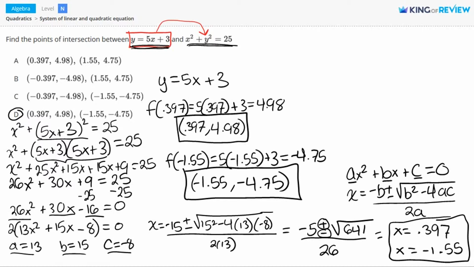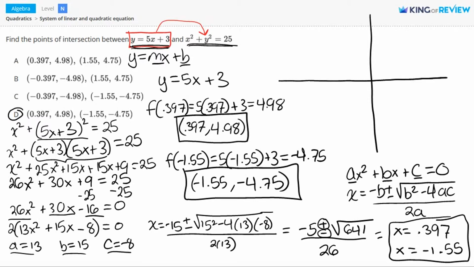So this first equation here, y equals 5x plus 3, we know that this equation is a line because it's in slope-intercept form. Slope-intercept form is y equals mx plus b, where m is the slope and b is the y-intercept. So let's plot that line.